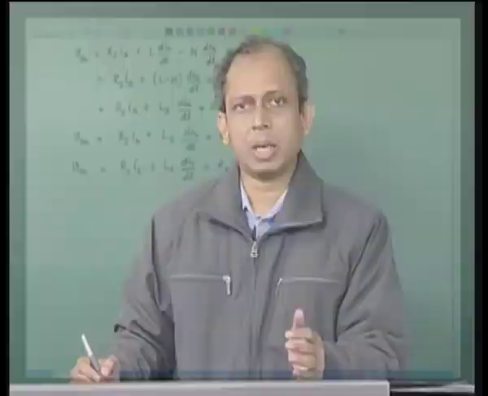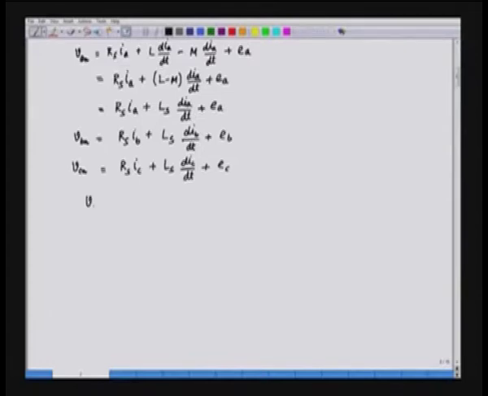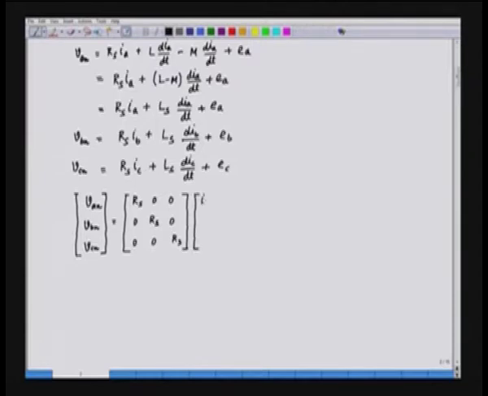These 3 equations can also be written in the form of a matrix equation as follows: VAN, VBN and VCN is equal to the matrix RS 0 0, 0 RS 0, 0 0 RS times IA, IB and IC, the resistance drop, plus we have the inductance matrix.